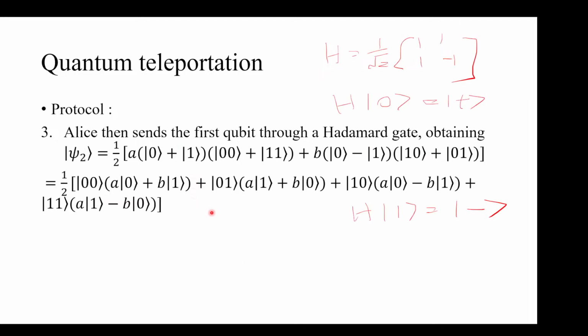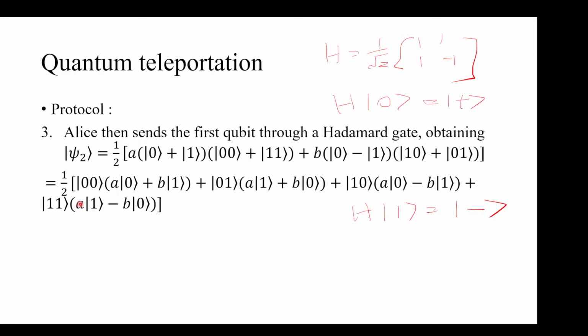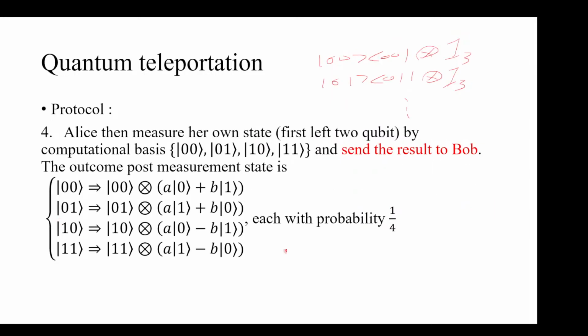Similarly, if you get the 0 1 outcome, the post-measurement state is 0 1 tensor A1 plus B0, normalized, and similarly for 1 0 and 1 1. And from the normalization constant of 1 over 2, we know that the measurement probabilities are all 1 over 4.